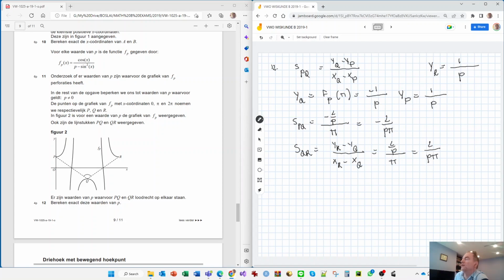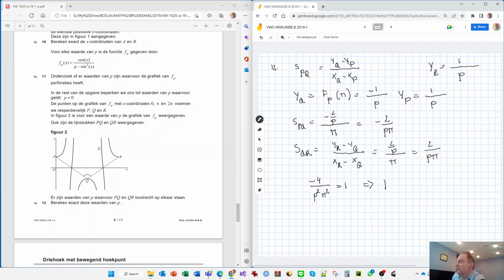As very common in these exams, you need to know that in order to be perpendicular, the product of these slopes has to be -1. So we get minus 4, multiply these, so I get p squared pi squared, equal to -1.